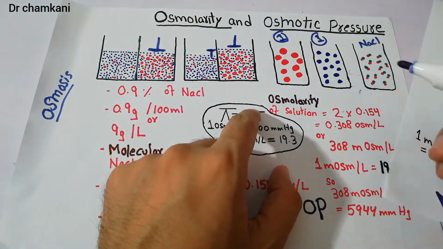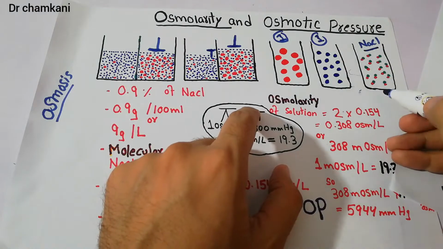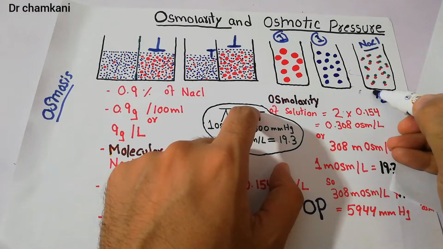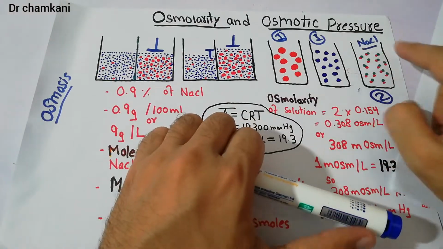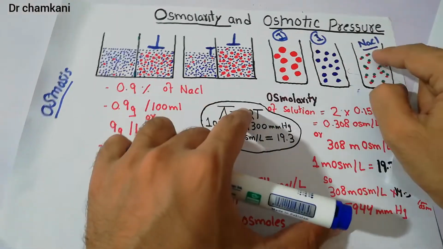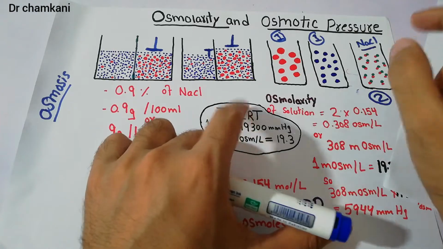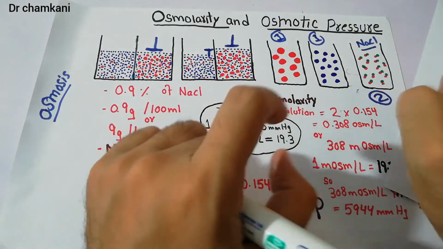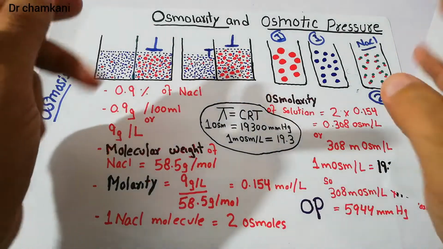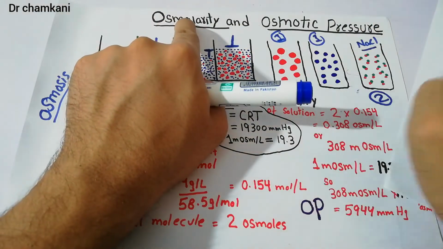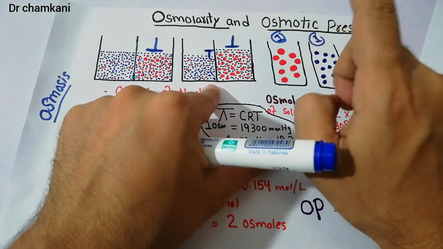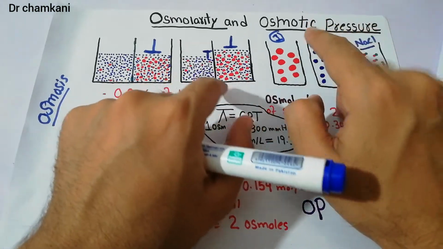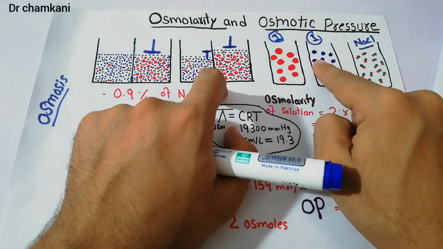Here in sodium chloride, every molecule of sodium chloride has basically two osmotically active particles. Here the molecular size is not that big, the molecular weight of sodium chloride is not that great, but the osmolarity which is due to the particles in that solution is higher for sodium chloride as compared to the osmolarity or the osmotic pressure for the albumin or the glucose.